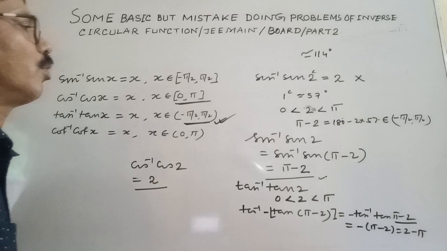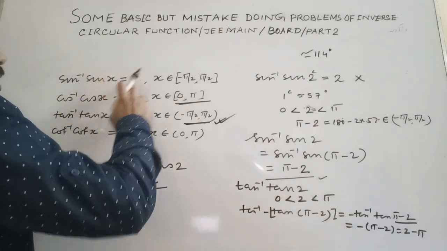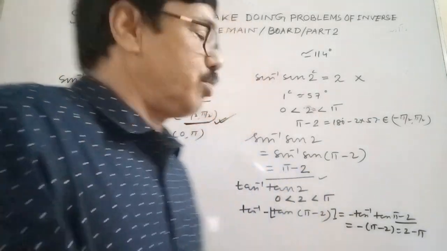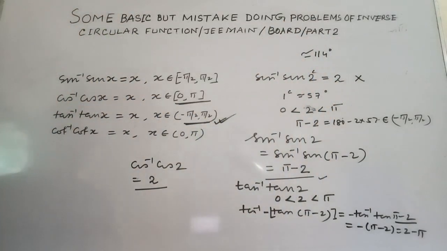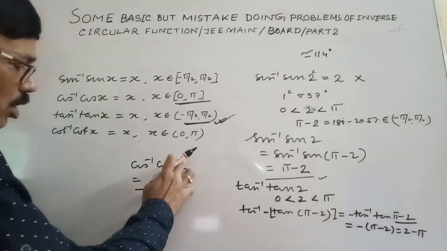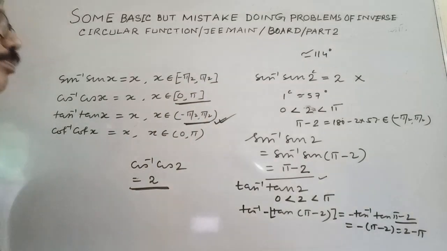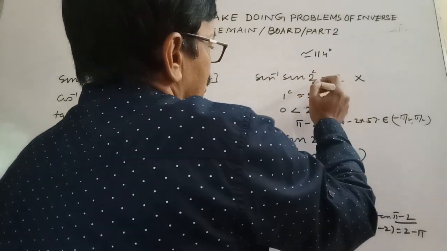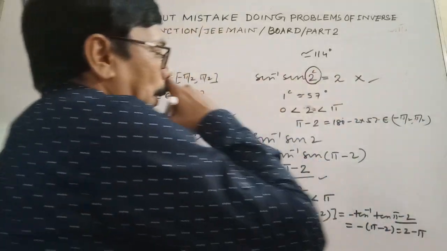Now, listen again. Sin inverse sin x equals x if x belongs to the principal value. So you have to see whether the argument lies in the principal value. Now look, cos inverse cos 2: 2 belongs to the principal value of cos, so it is only 2. Sin inverse sin 2: this does not belong to the principal value, so it is not 2.